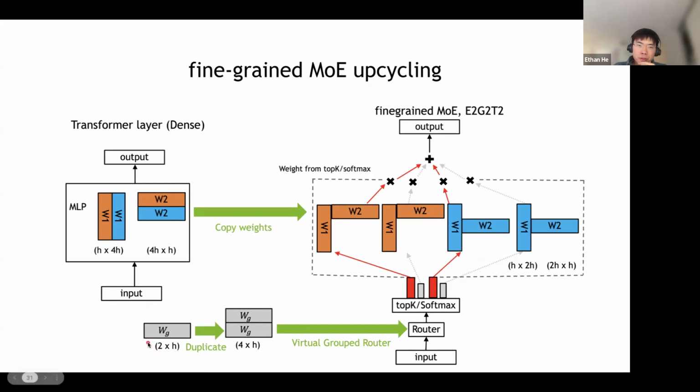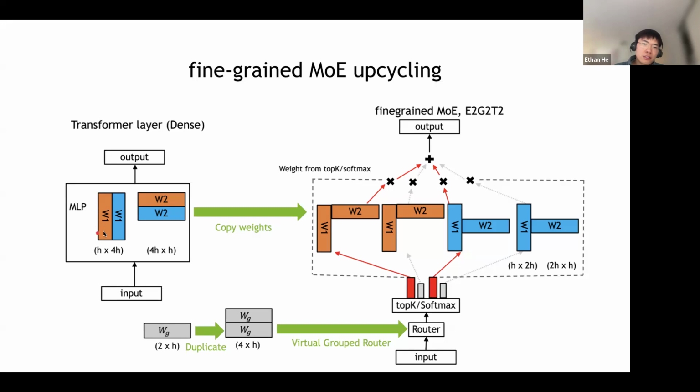So this would ensure that the probability distribution would be the same in each virtual group or in each shard group. Because the weights are the same, the top K selection would be exactly the same.